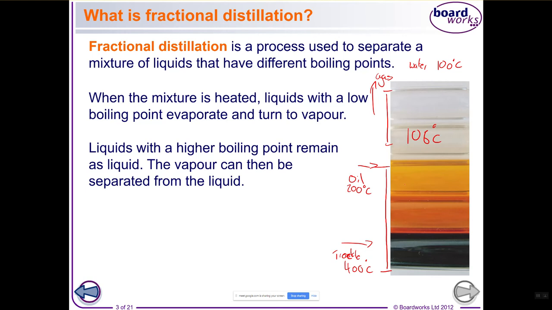If I then kept heating the solution and got it to 206 degrees centigrade, then the oil would now turn into a gas, and I could collect that off separately, and what would be left behind would be just the treacle layer, wouldn't it? I'd be left with just this part here. So can you see how by using the boiling points I can separate liquids?